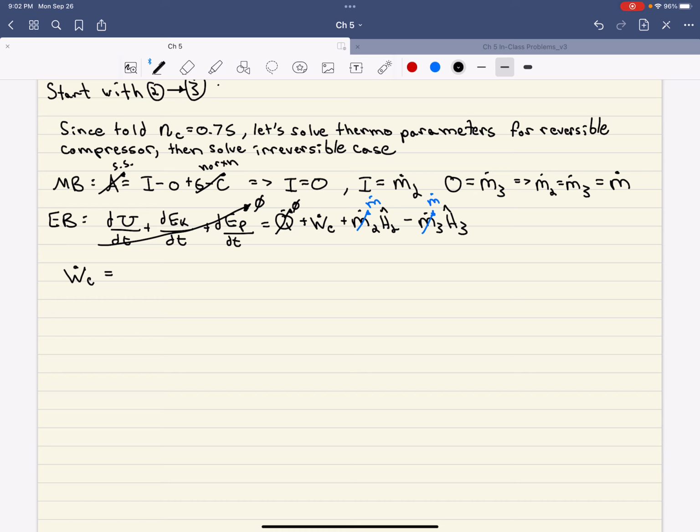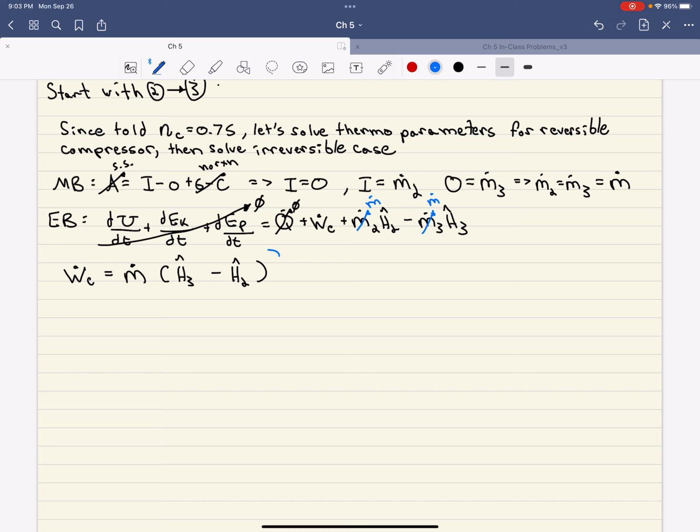The compressor work is going to be equal to m dot of H3 minus H2. Okay? And so if we want to solve for the work of the compressor, what we need are the enthalpies of stream 2 and stream 3.